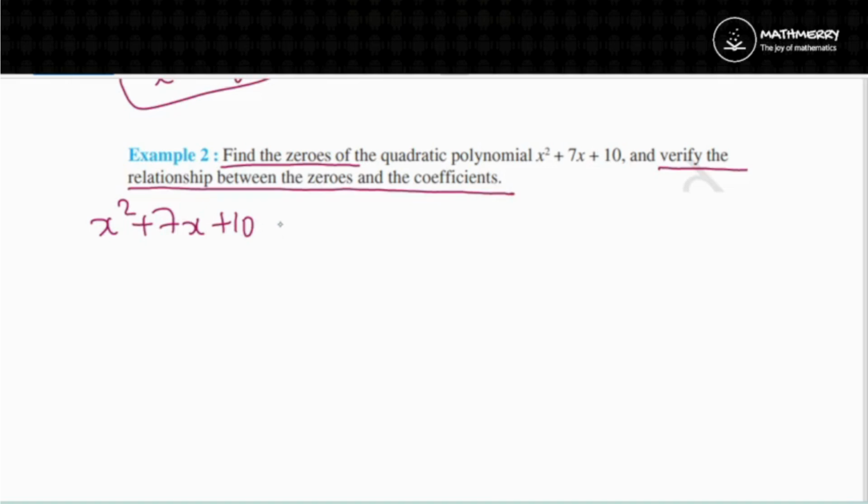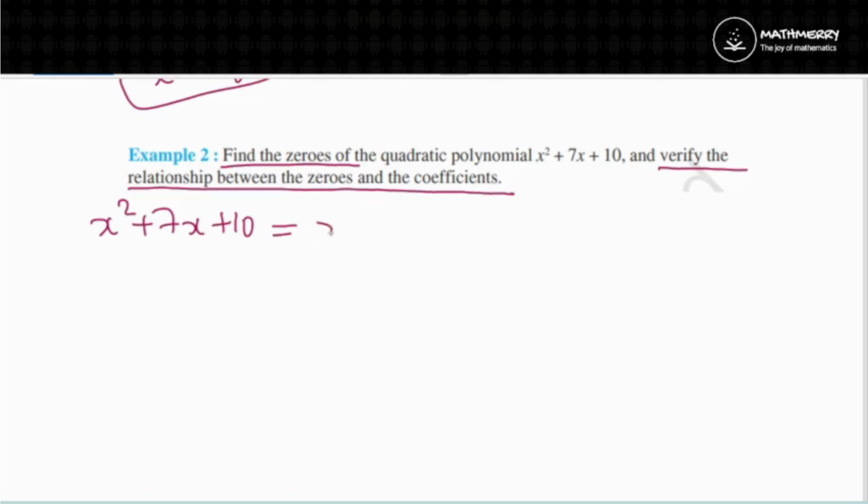First of all, we can equate this with 0 to find the factors, or even if you don't equate, it's fine. We need a product of 10 and a sum of 7. So what can be the factors of 10 by which we can split the middle term? 5 and 2 can be the factors.